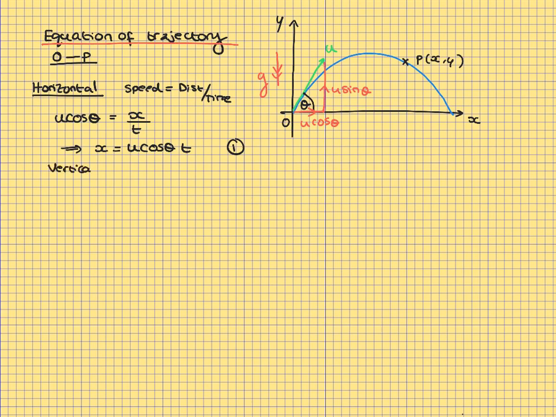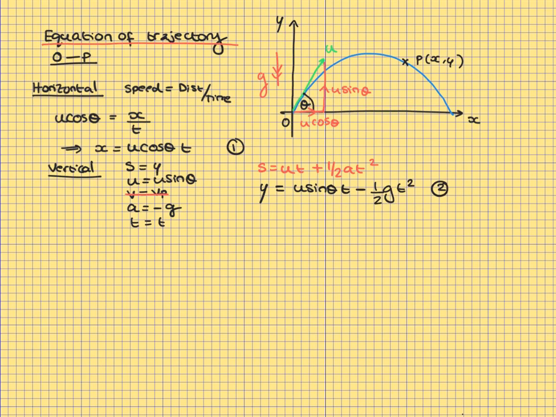Now, our vertical motion, suvat: s equals y, u equals u sine theta, v equals the vertical velocity at P, a equals negative g, and t equals t. So ruling out v, and then making use of s equals ut plus a half at squared, we get y equals u sine theta t minus a half gt squared, equation 2.